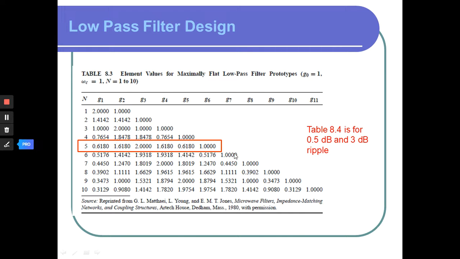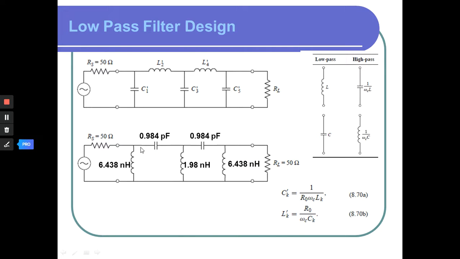You need to find your L1, C2, L3, C4, and L5. Then this will become your high pass filter. That's what we intend to design.